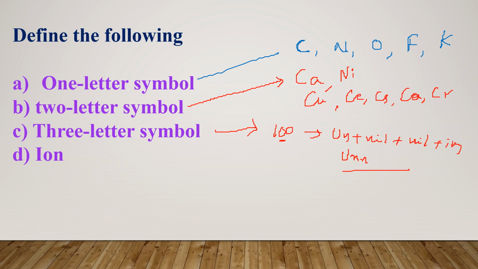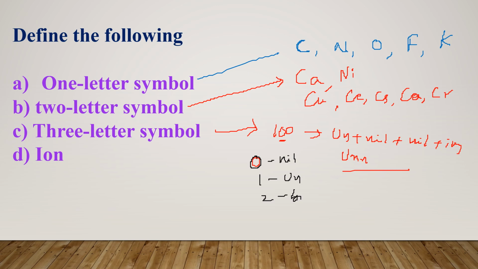So like that, the first letter must be a capital letter, then the second letter and third letter small letters. If one is there, we can call it un. If two is there, then bi, tri, quad, pent, hex, sept, oct, en. If 0 is there in a three letter symbol, we can call it nil. Suppose 1 is there, then you use un.